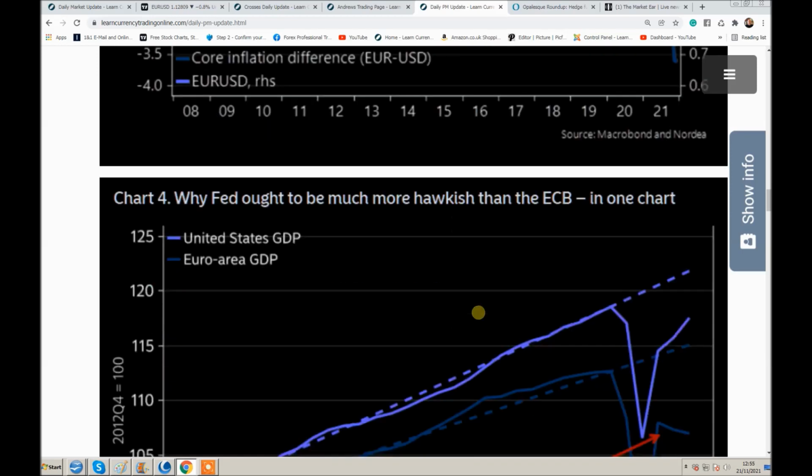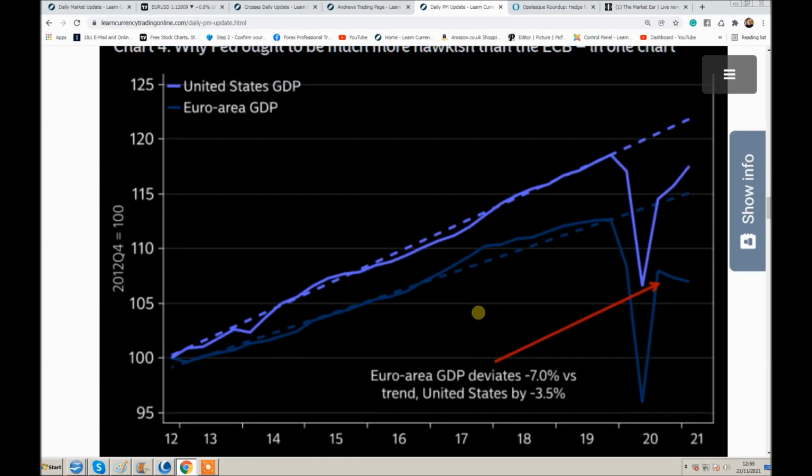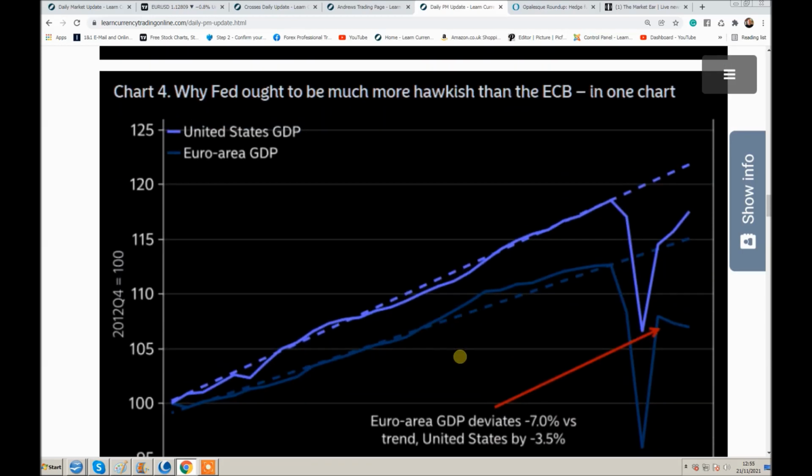Okay. Now, in terms of the relative health of the economies, I showed this chart last week. Dotted line is kind of where the economy was heading before COVID hit. You can see we just hug the dotted line. This is the US, the lighter line. Then you get COVID hit, massive impact.